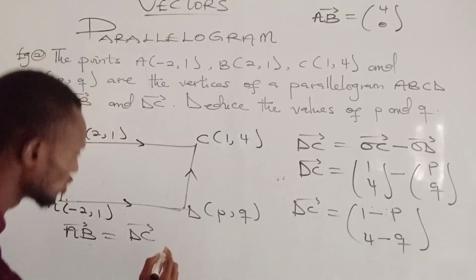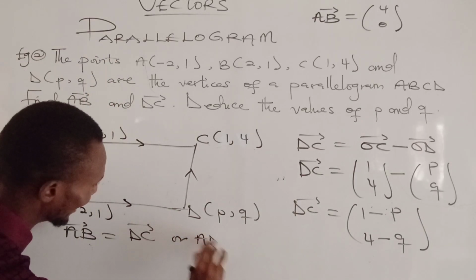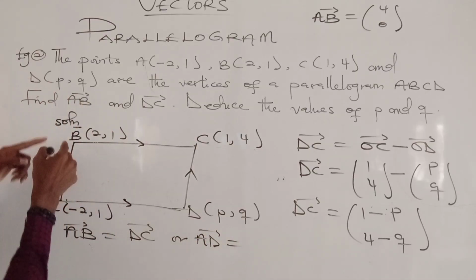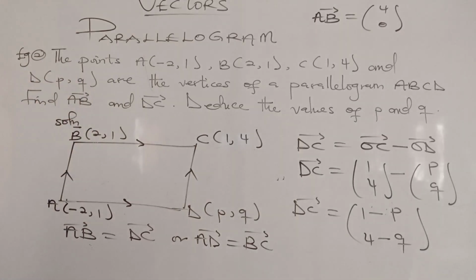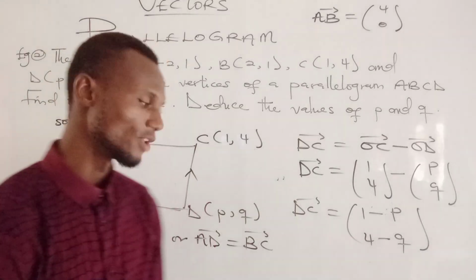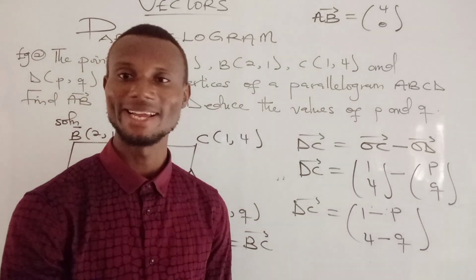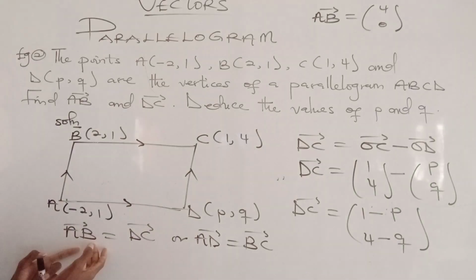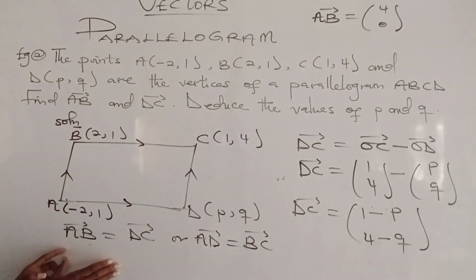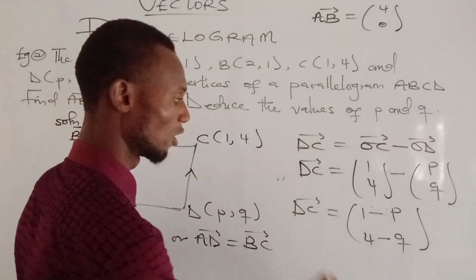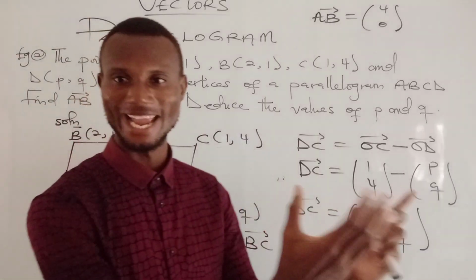Or someone can choose to do vector AD equals vector BC, and you will still get the same answer. The reason why I want to use the first one is because we've already solved for the value of vector AB, so we can just input it in, and we also solve for the values of P and Q.